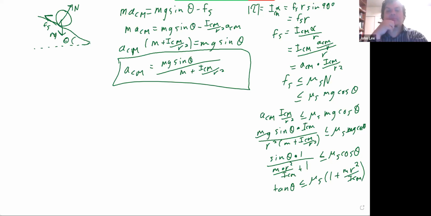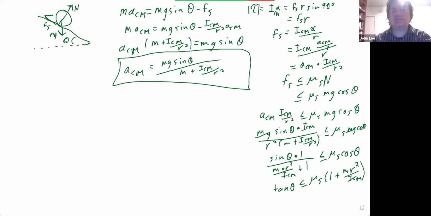We derived that a while ago, and it was also a problem on your last exam. So tangent theta for a block that's sliding is just less than or equal to mu s. But in this case, it's less than or equal to mu s times 1 plus mr squared divided by I center of mass.